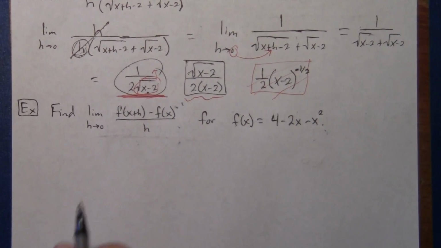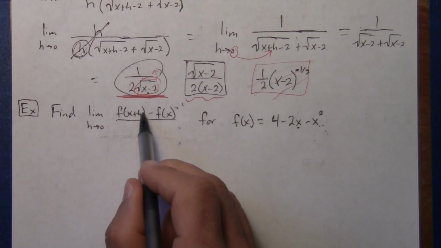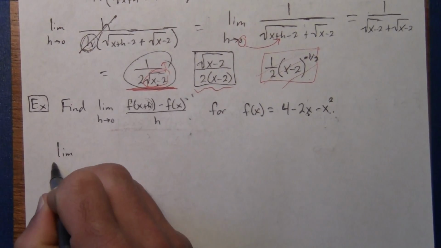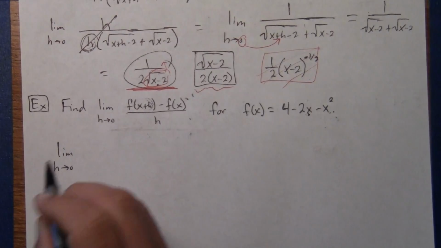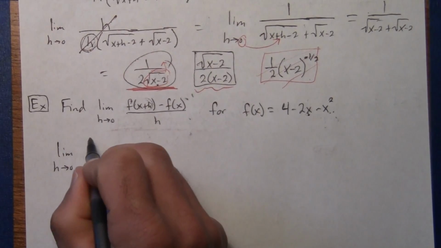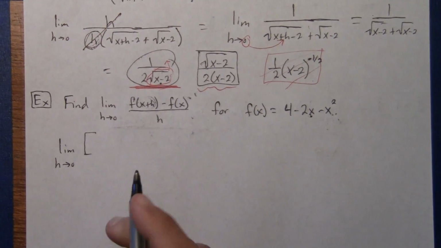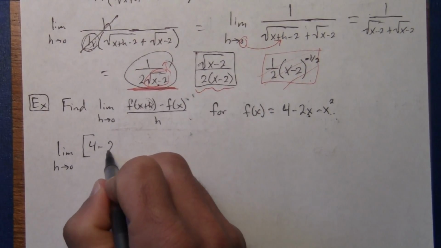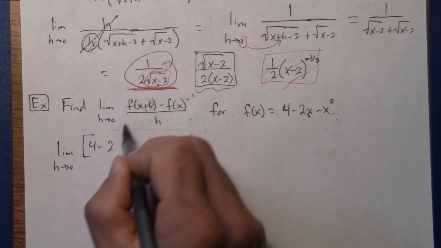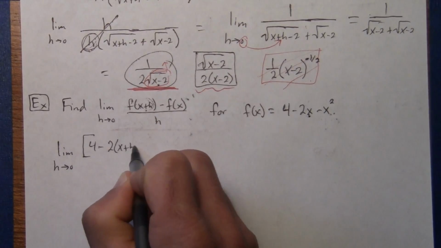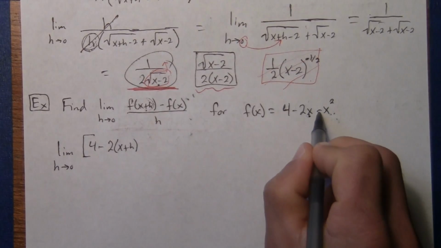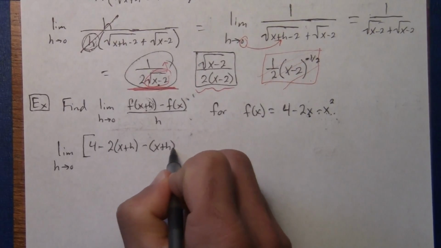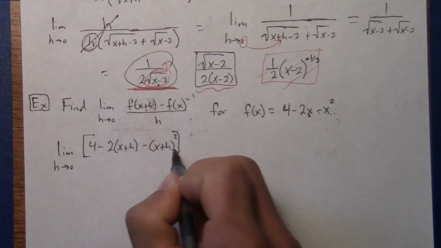Alright, same thing for this one. I have two x's, so now when I plug x plus h in, I have to do it twice. So I'm going to have the limit as h approaches 0 of, here's the f of x plus h. I'm going to put a bracket around it to kind of separate it from the other stuff. It's 4 minus 2 times x, but x gets replaced with x plus h, minus x squared, but x gets replaced with x plus h, so it's x plus h squared.